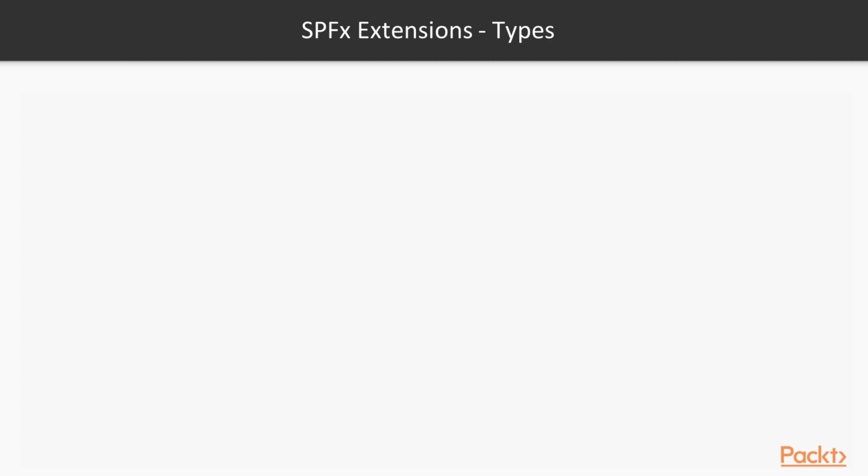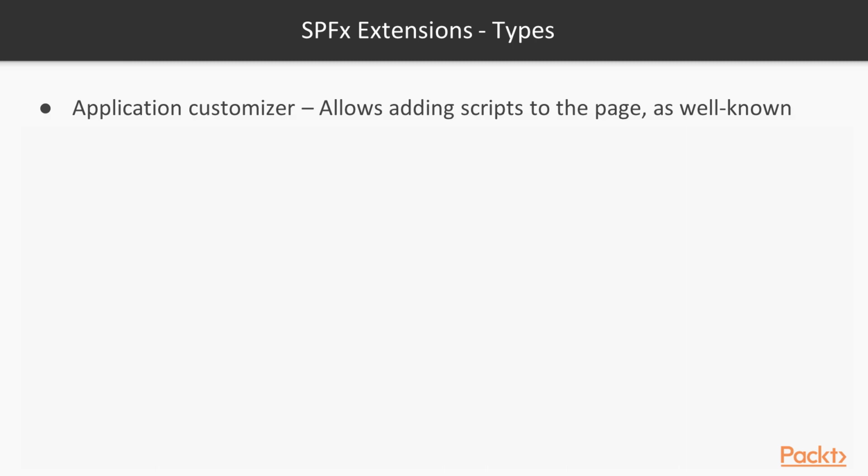This brings me to the subject of types of SharePoint Framework extensions, and for the time being there are 3 of them. First, Application Customizer. It allows adding scripts to the page in certain areas, known as well-known HTML element placeholders.